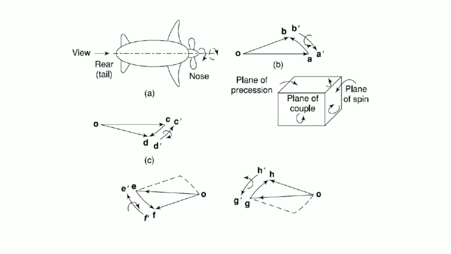Now if we use the right hand screw rule on this reactive gyroscopic couple, then in this case, when our aeroplane is taking a left turn in this direction and we are viewing from the tail end, our rotor is rotating in clockwise direction, then because of this reactive gyroscopic couple, the tail will depress and the nose will rise.